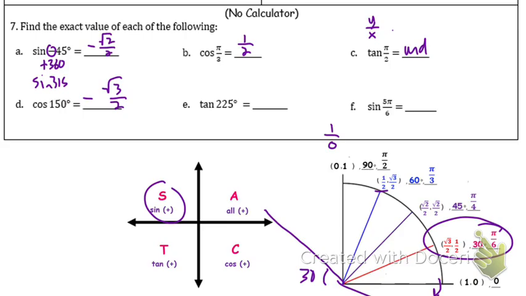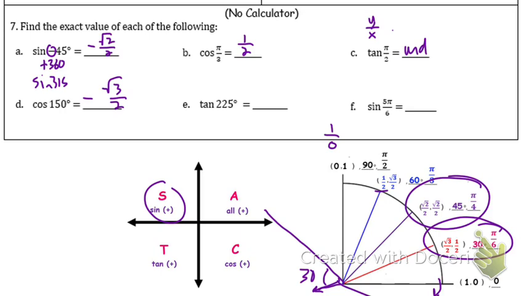The tangent of 225 degrees, it's going to be down here in quadrant 3 somewhere. So how far is 225 degrees away from the x-axis? It's 45 degrees, so my reference angle is right here again.